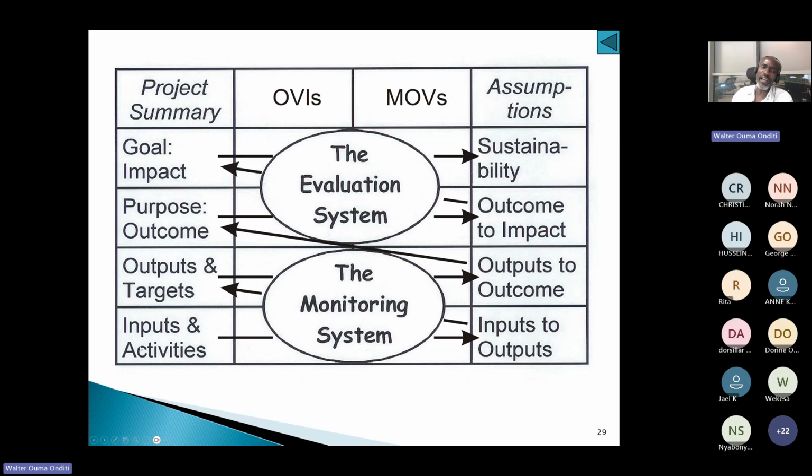I'm starting from down here in the implementation, going upwards. For us to get to the goal, we need inputs which allow us to do the activities. And for these activities, we have to formulate certain assumptions, even though many times activities or inputs don't have assumptions.